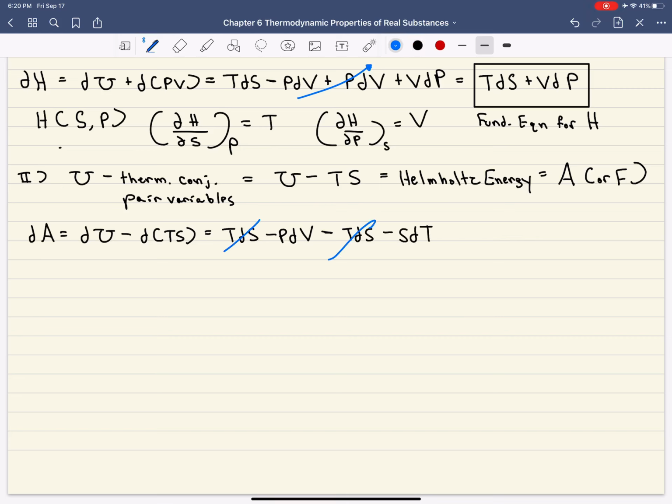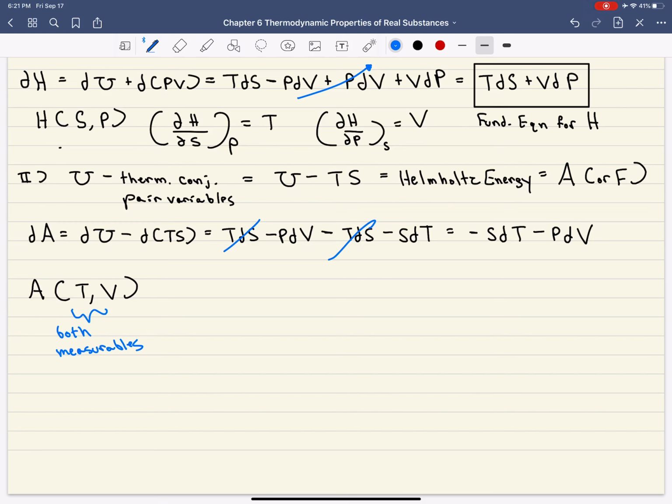The TdS's cancel, and what we're left with is minus SdT minus PdV. Okay? And so here, the canonical variables for Helmholtz energy are temperature and volume. And so that is now a new advantage. Now both of the canonical variables are measurables.